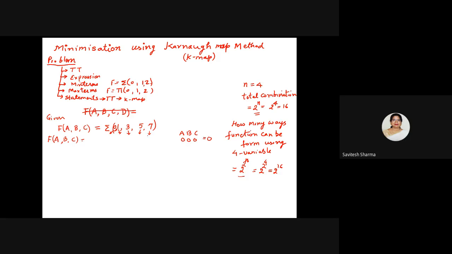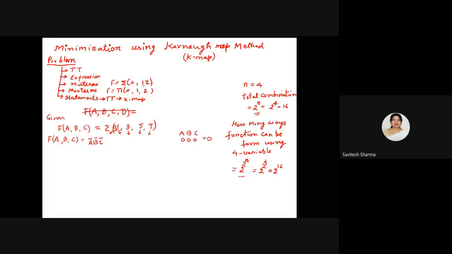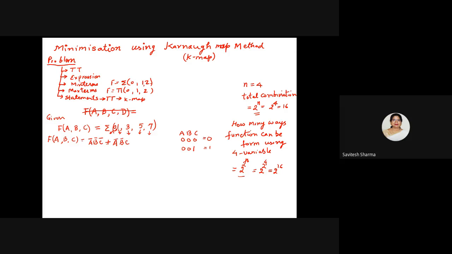So if you want to write the expression, it will be A complement, B complement, C complement. This corresponds to 0. Plus 1 corresponds to 0, 0, 1, so it is A complement, B complement, C.